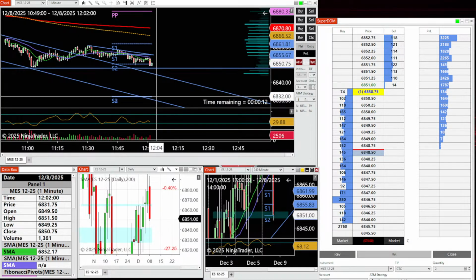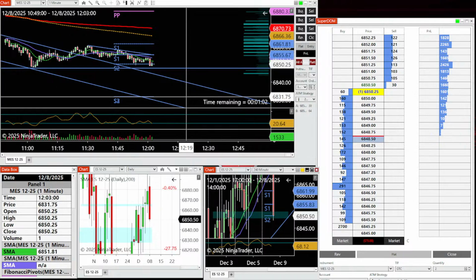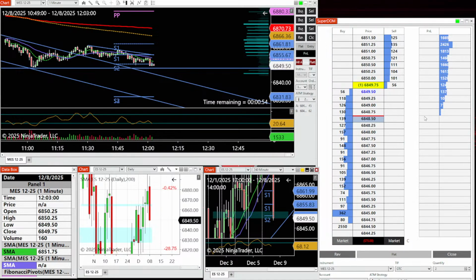It's 12 o'clock. 12:20. Possible to reach S3. We'll have some pullbacks on the way down.